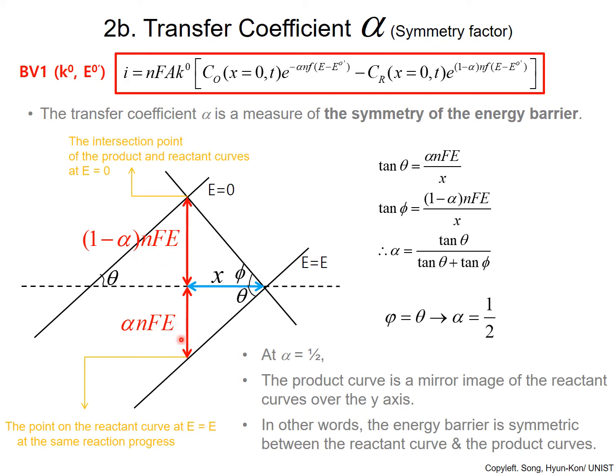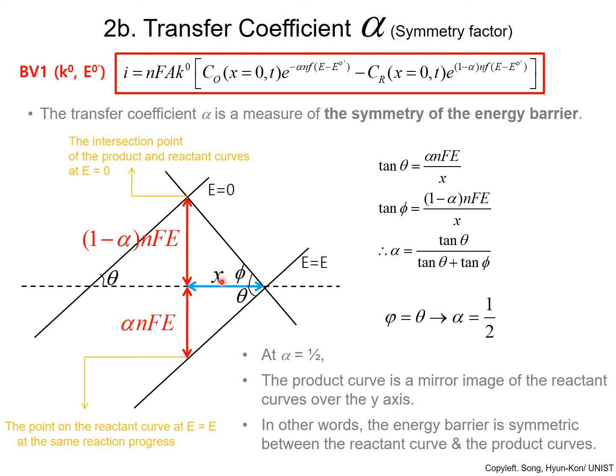Also, I'd like to define the angles for this line as theta, and the other angle is phi for the product line. The angle over here should be theta because it is the opposite angle of theta here. So right now we have theta, theta, phi, and also one more thing: the length of this line is x here.